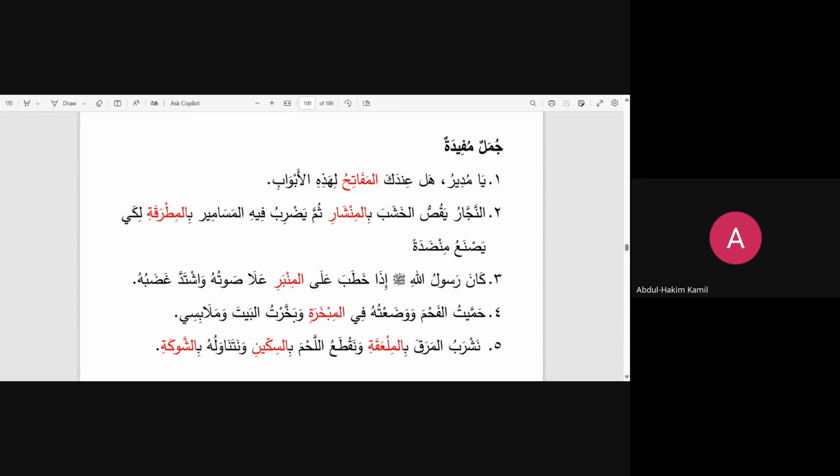يا مدير، هل عندك المفاتيح لهذه الأبواب؟ Do you have the keys to these doors? The plural is mafa'il, like masjid, masajid, but sometimes a ya can be added to it, mafatih.